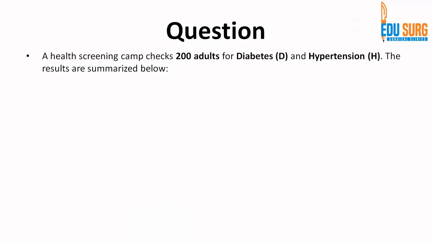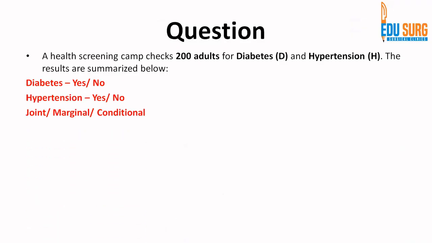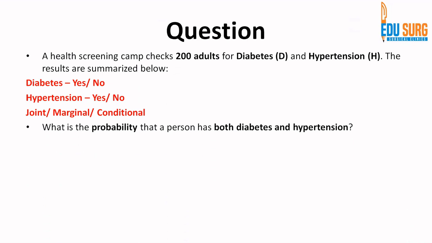First, let us see how to analyze this question. You have been given diabetes, yes or no, hypertension, yes or no. There are only two possibilities. And this question is basically based on joint, marginal, and conditional probabilities. How? Probability of a person having both diabetes and hypertension is a joint probability.